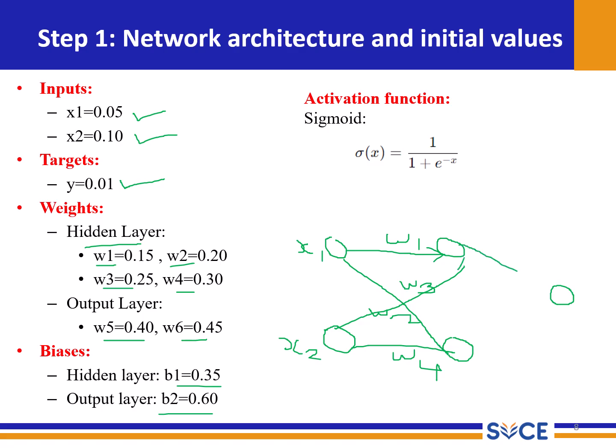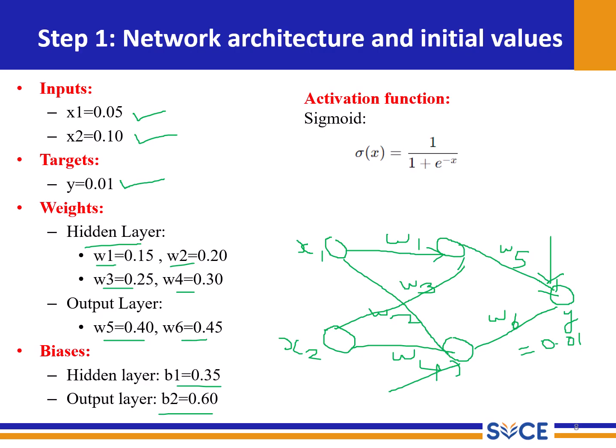From the hidden layer, the weight to the output layer is w5, and from this node to the output layer, the weight is w6, and this is the predicted output y, and the actual value for this y is 0.01. There is a bias which is assigned to nodes in the hidden layer, and there is a bias which is assigned to nodes in the output layer.